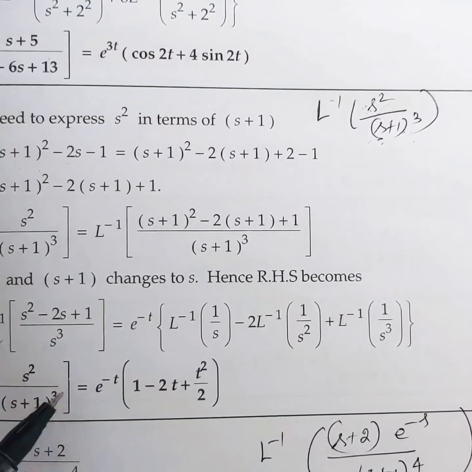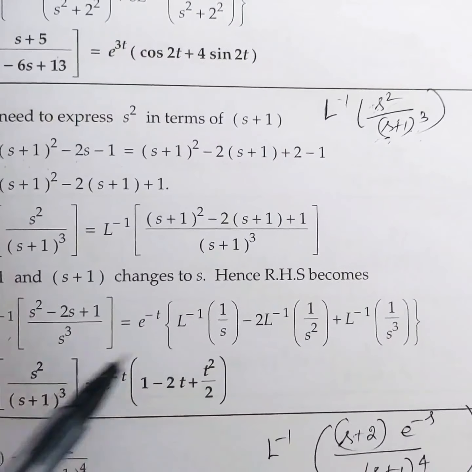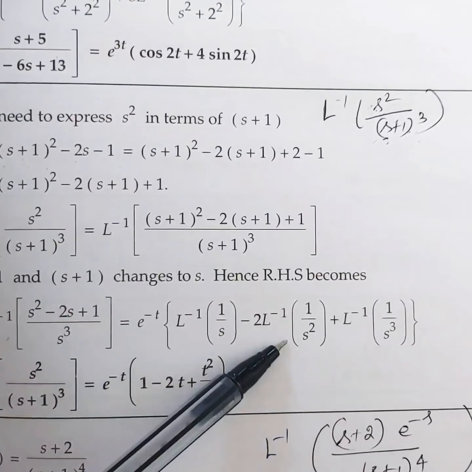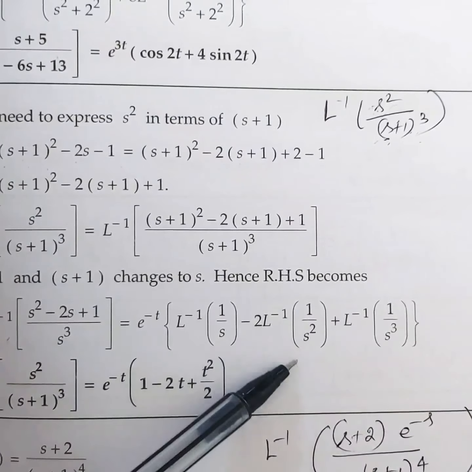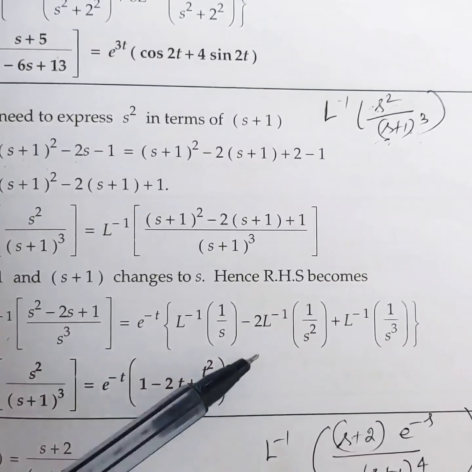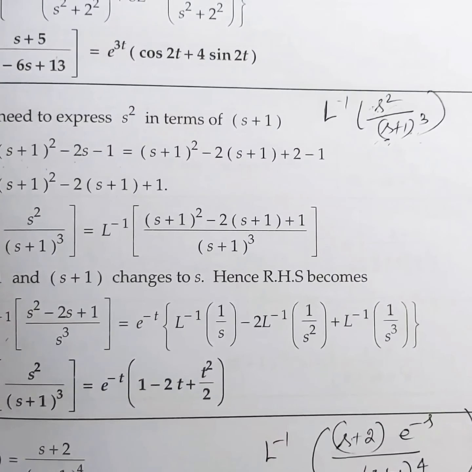Remember? So this L inverse of 1 by s: Laplace of 1 is 1 by s, so L inverse of 1 by s is 1. Minus 2 into, this is t power 1, that is 1 factorial by s power 1 plus 1. Same thing. So minus 2 into t plus, and this term. What is Laplace transform of t power 2?